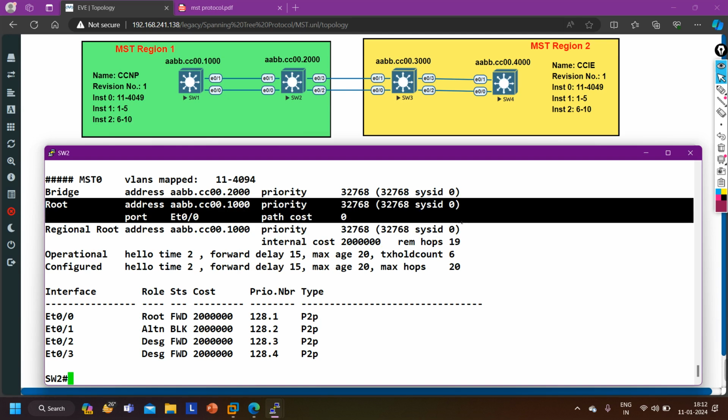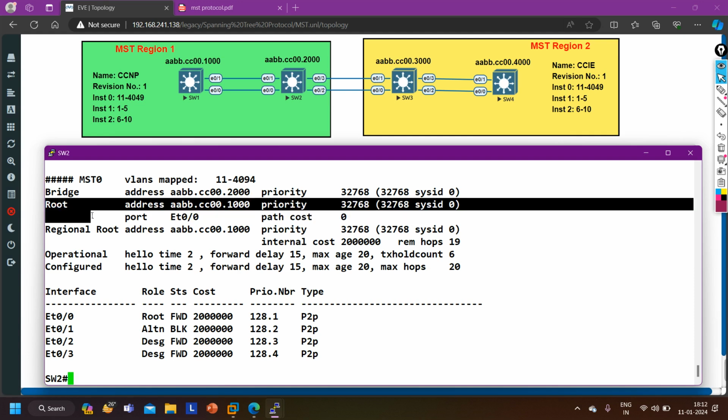So for switch number 2, who is the CIST? Switch number 1. And who is the IST? Switch number 1. In other words, the inter-regional root bridge is switch 1, and the regional root bridge is switch 1.